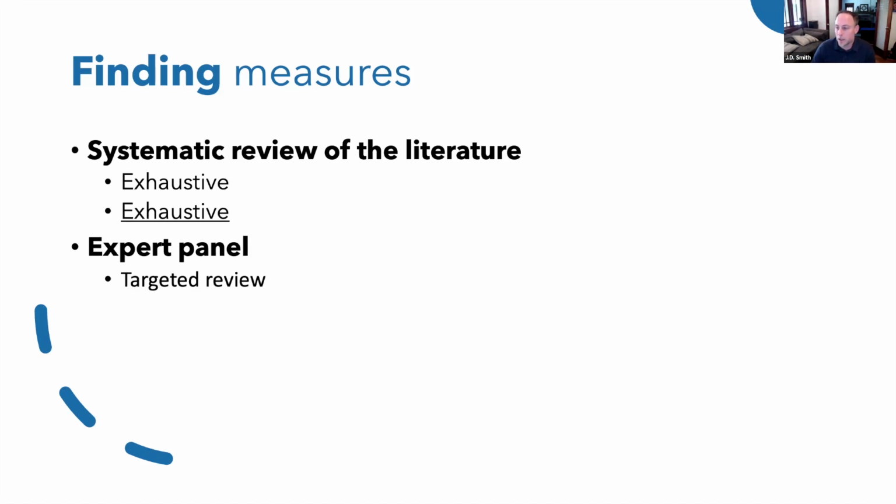The first option is to do a systematic review of the literature, which tends to be exhaustive. So you tend to get every measure in the world, hopefully, assuming that your search strategy and your coding were good. Anyone who's done a systematic review also knows this is a very time-consuming process.